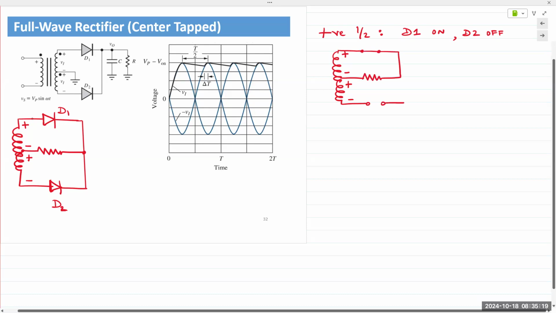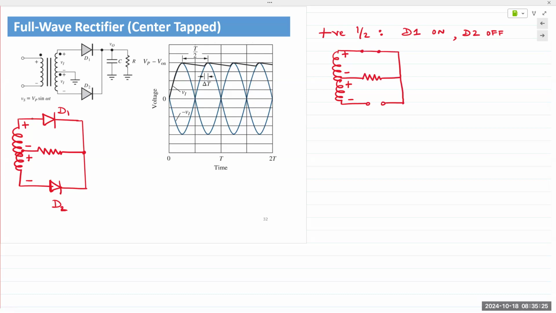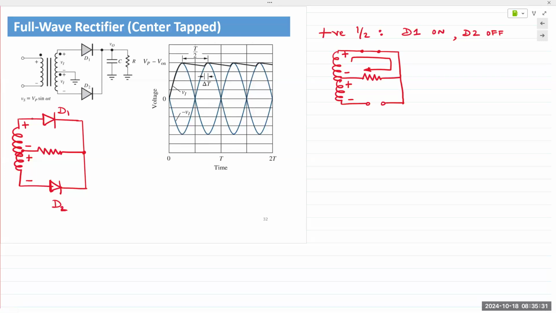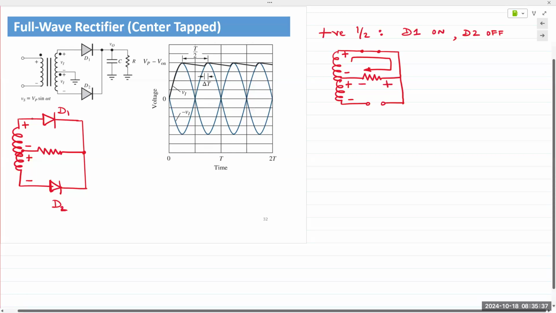So your circuit looks like this, and the current is, of course, flowing in this direction, entering the resistor from the right. And so the voltage drop across the resistor would be plus, minus.